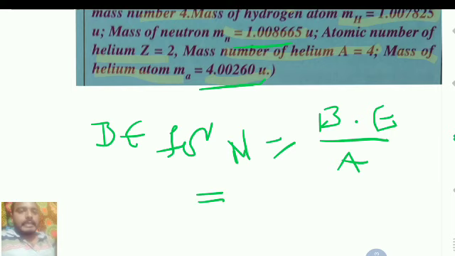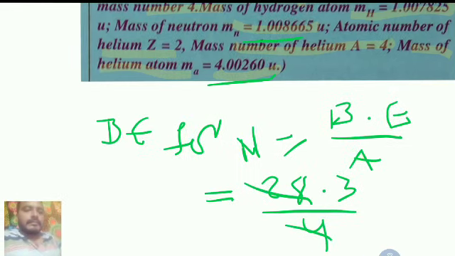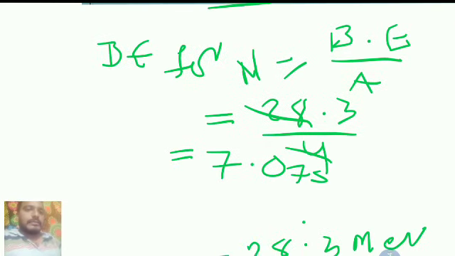So we get 28.3 by mass number 4. So we get the answer 7.075.